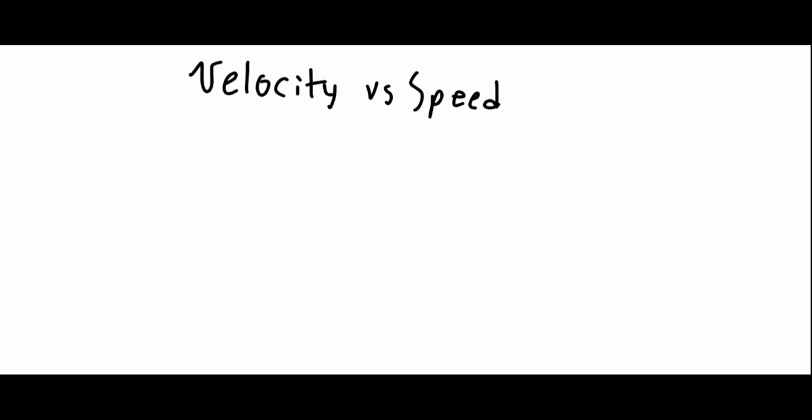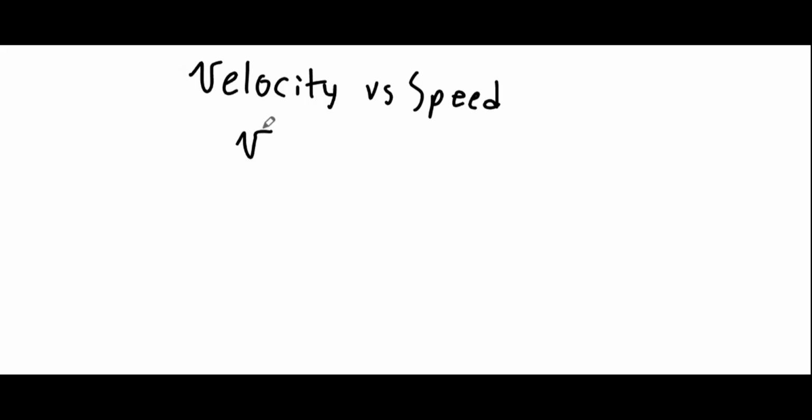For example, if you ask somebody what speed they were driving, they're not going to tell you a velocity. They're not going to tell you, oh, I was driving this fast this way. They're just going to tell you, oh, I was driving 30 miles per hour. It doesn't matter where they were driving. That's just the speed. And then for velocity, you need a direction. So the simplest here is a v.